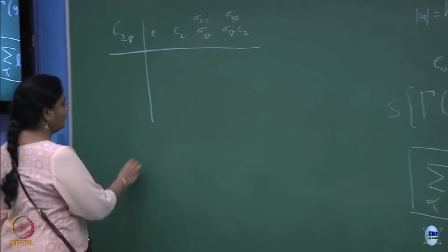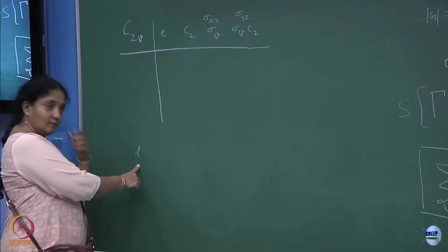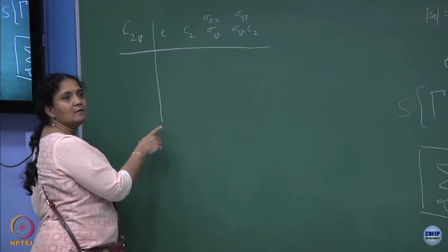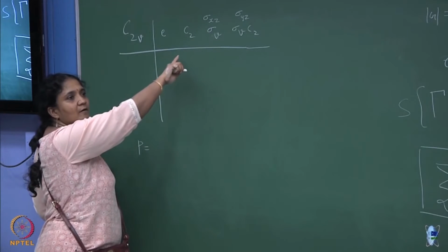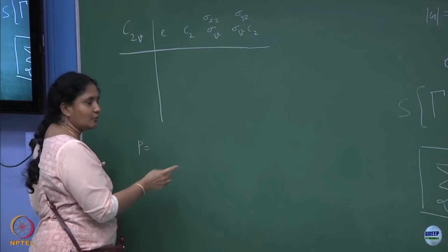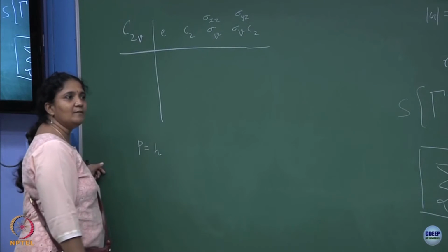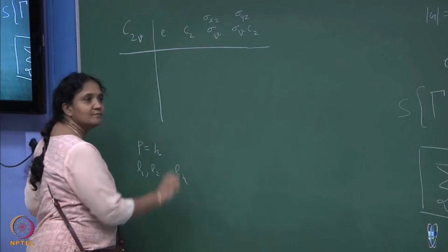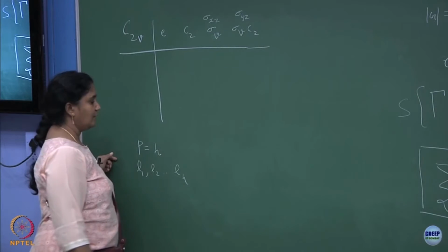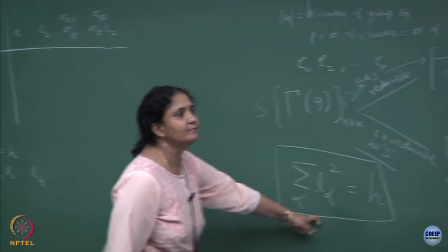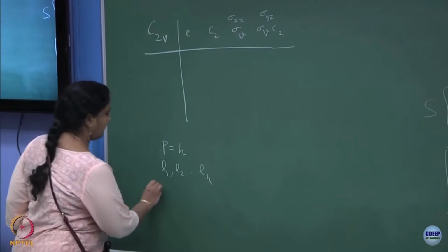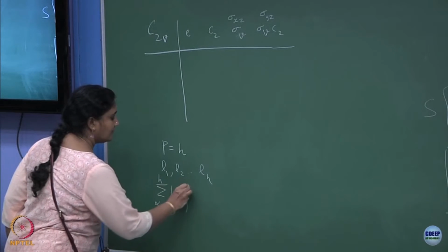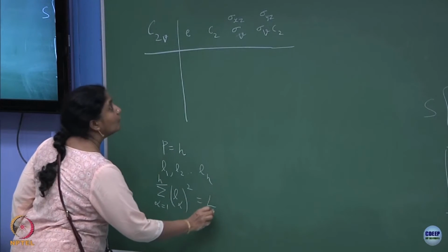But first of all, we need to determine how many alphas are there. Okay. P for this case, it is an abelian group, the number of classes is also equal to the order of the group, P is H. Which means L1, L2 up to LH, and we need to satisfy this condition: summation over alpha 1 to H of L alpha squared has to be equal to 4, right.